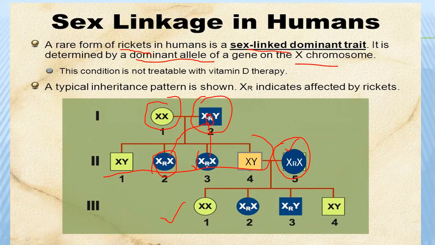But if this carrier marries a normal man, it will be inherited by 25% of females. They are not actually carriers, because it is a sex-linked dominant trait, so they definitely have the condition, that is, they suffer from rickets. This female is suffering from rickets, and this male is also suffering from rickets. So half are patients and half are normal.